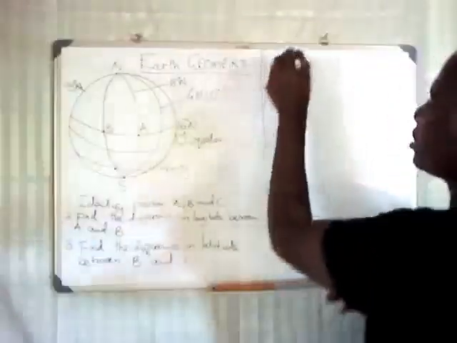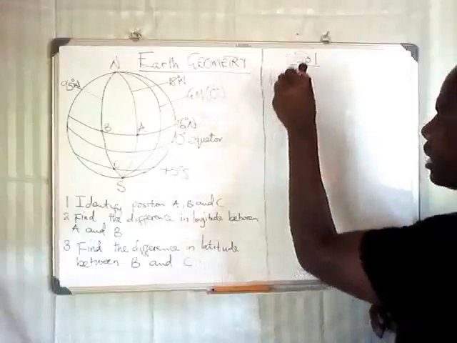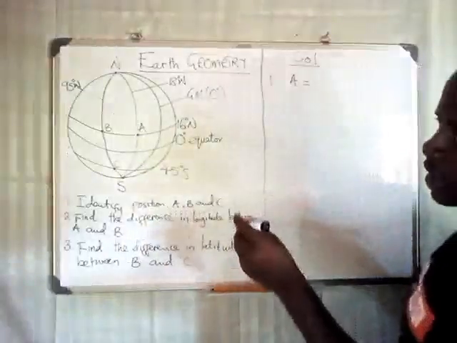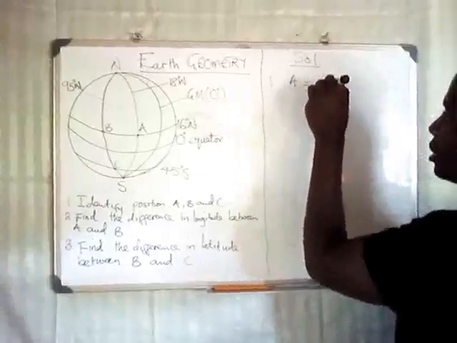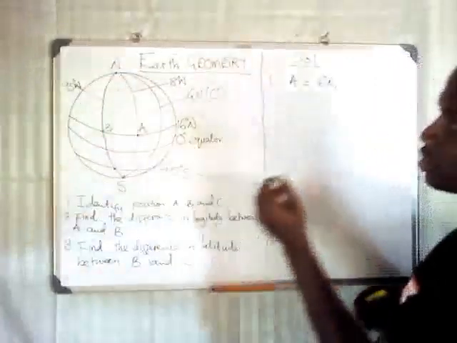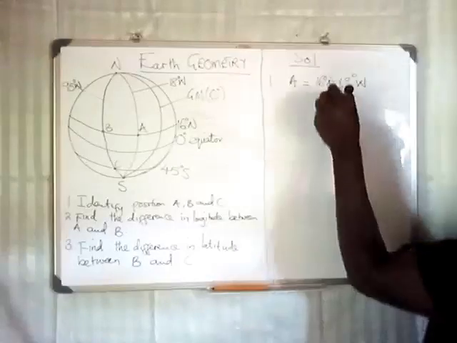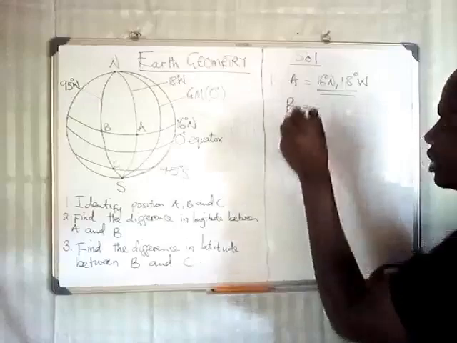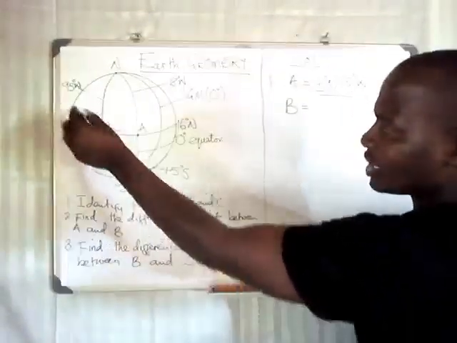Now we answer question number 1. We are identifying A. The position of A, we start with the latitude. It is 16 degrees north, comma, the longitude is 18 degrees west. So this is the answer for 1A. What about position B? What is the latitude there?